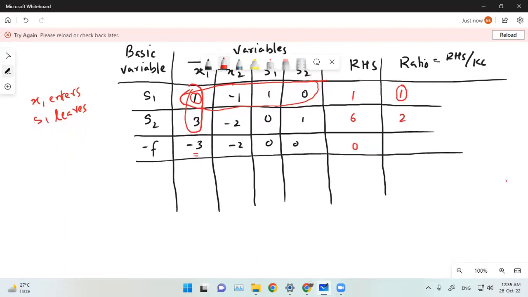This is our initial iteration, then our iteration 2. You can also write iteration 1, based on whether you're mentioning initial or iteration 1; it's up to you. Now again, we're just continuing the same table. The slack variable s1 will be replaced by x1, then the second one s2, and your f.